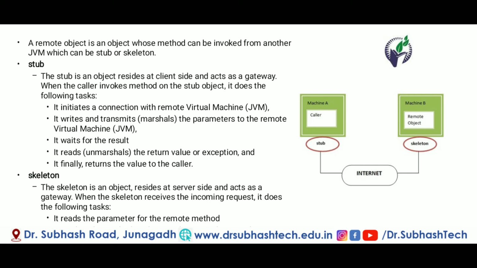This is the basic task performed by the stub, or we can say the remote object at the client side. Among all the things the stub performs, first it initiates the connection with the remote virtual machine. It means that when the client has to fetch any data, or sends a request to the server, it is initiated by the stub object.